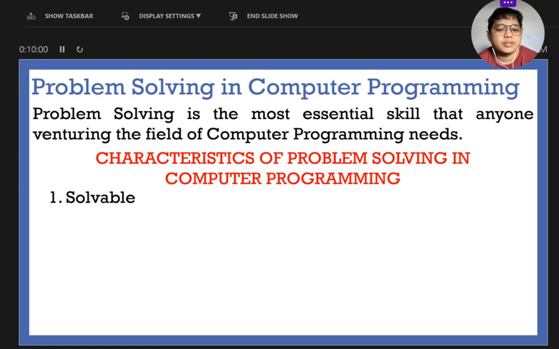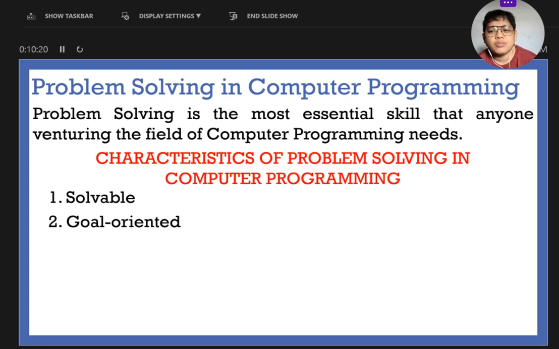Next we have the goal-oriented. What is goal-oriented? In computer programming, this refers to solving problems or developing software with a specific outcome or goal in mind.